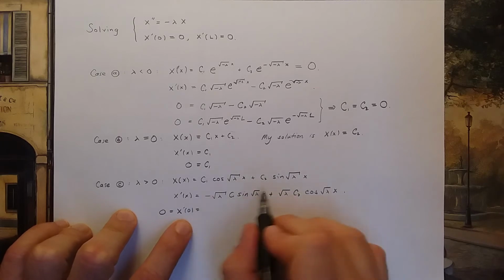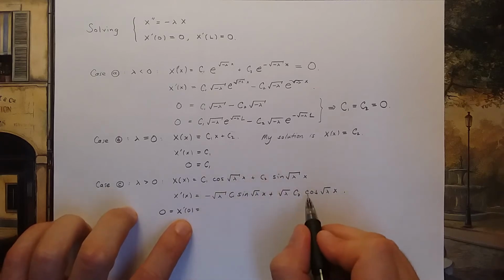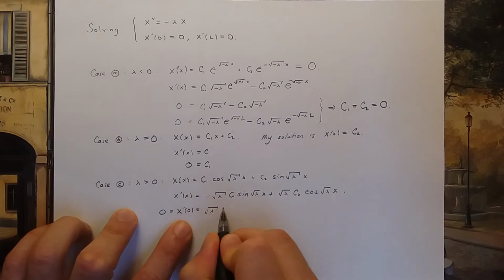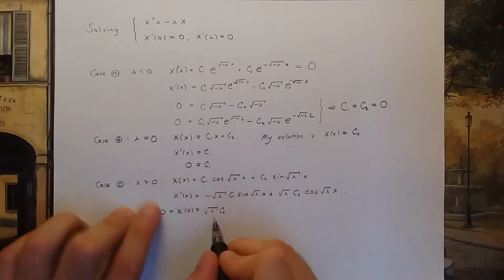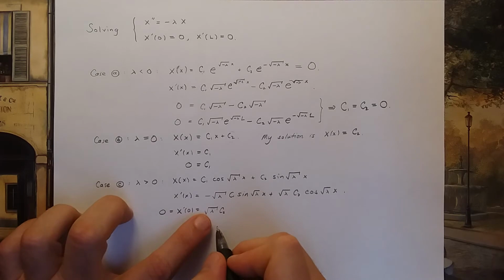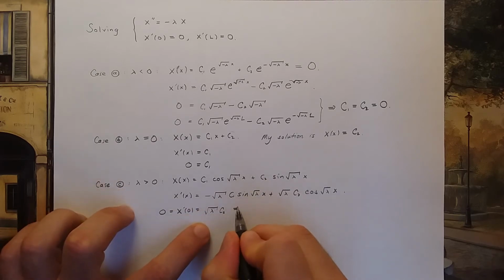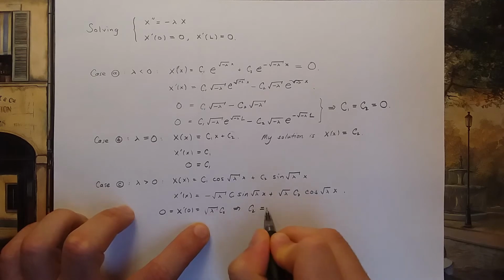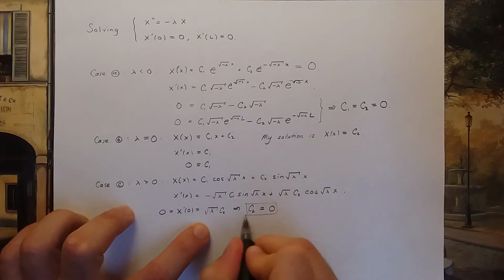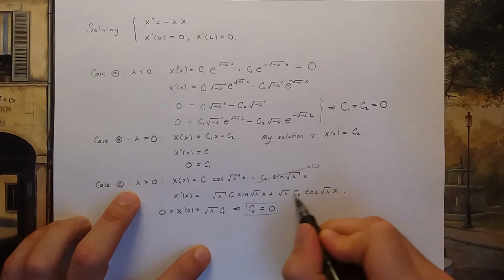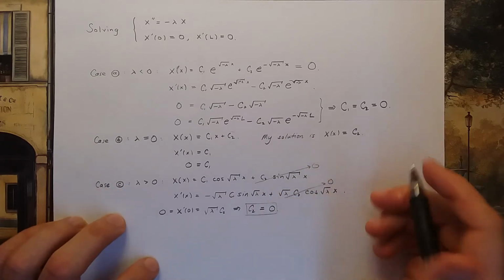Now, sine of 0 is 0, so this term vanishes. Cosine of 0 is 1, so I get the square root of lambda C2. Now, lambda in this case is positive, so this is definitely not 0. That implies that C2 has to be 0. So C2 is 0, meaning this term is gone, that's 0. This term is gone, and that's 0.